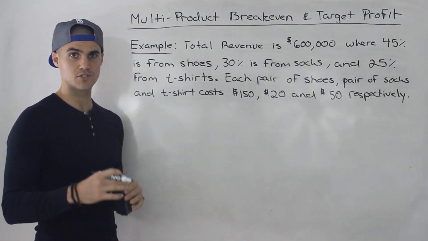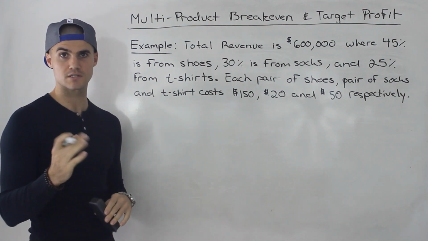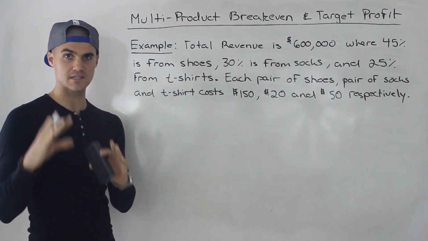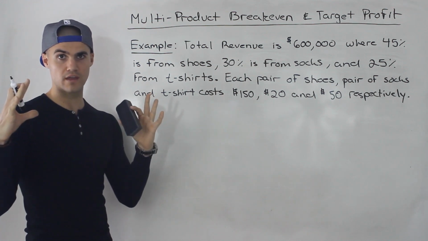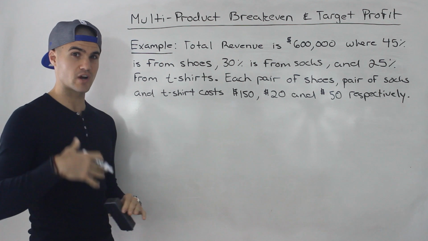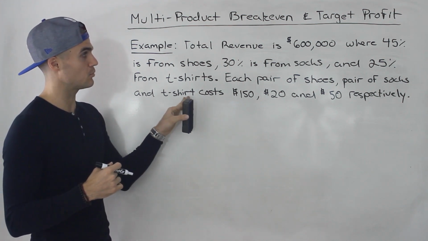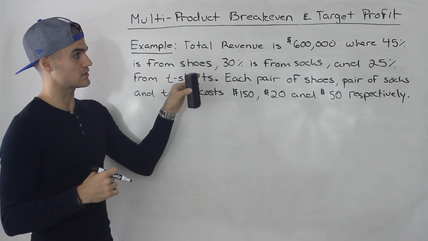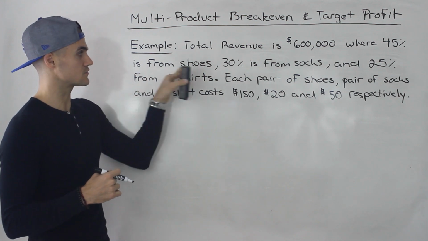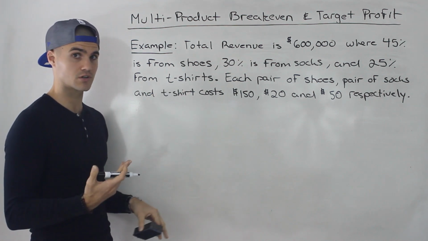Now, lots of times you got to be careful in questions. They won't give you the actual number of units that they're working with, whether that's in simplified form or whether they give you a total and you have to simplify it yourself. Sometimes you'll have to extract that information, do a little bit more work beforehand. So notice in this example, total revenue is $600,000, where 45% is from shoes, 30% is from socks, 25% is from t-shirts.